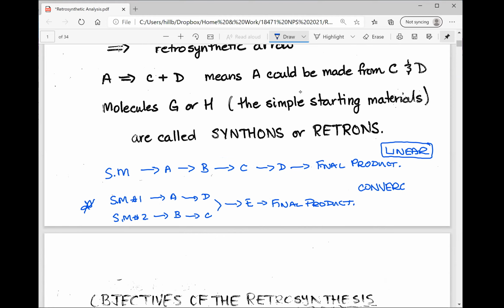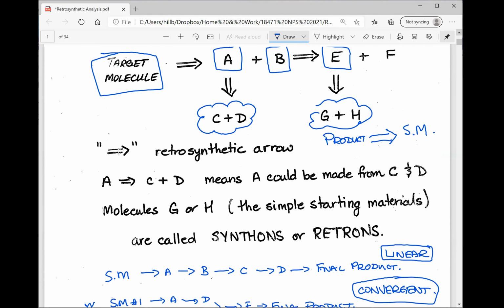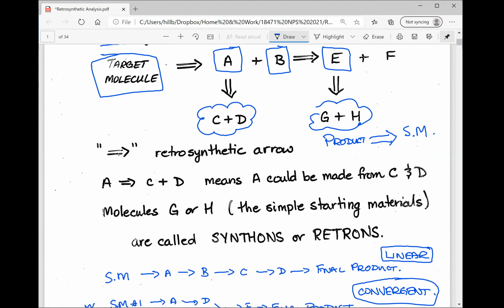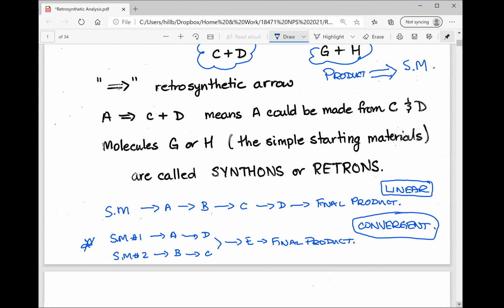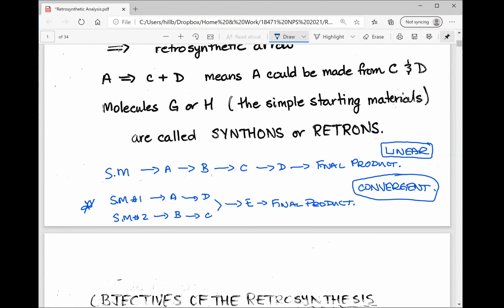This would be a convergent synthesis. So this retrosynthesis is very reminiscent of a convergent synthesis. You're starting from two different areas and you're bringing them together to make a larger molecule.